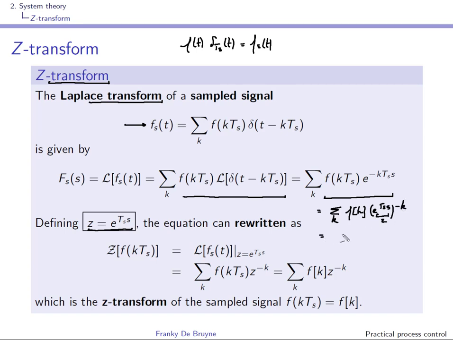So this is the sum over k of f of k, z to the minus k, and this is the definition of the Z transform. But you can see that it's simply the Laplace transform of a sampled signal.